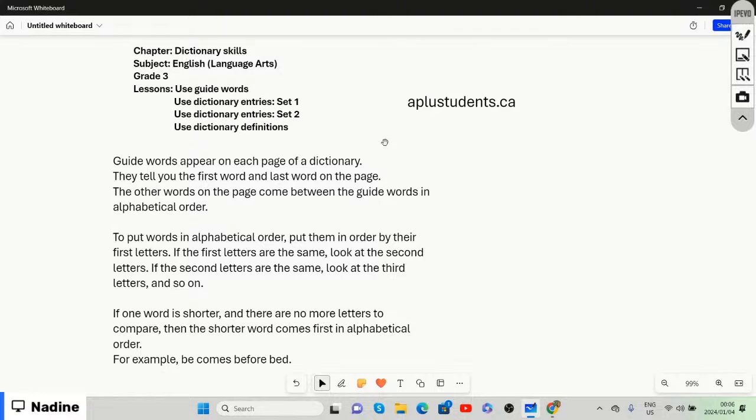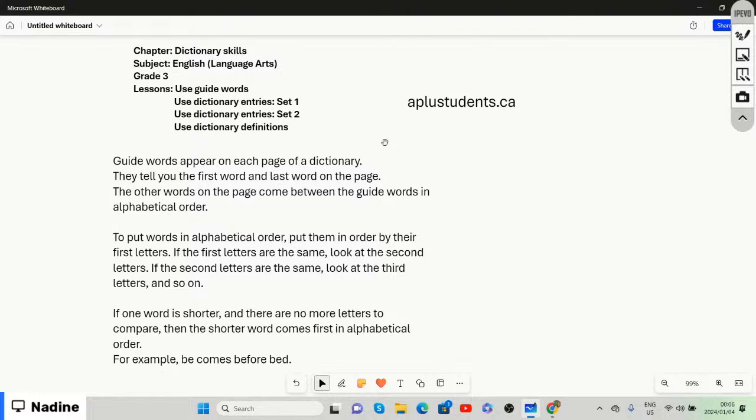So when it comes to dictionary skills, we have guide words, and guide words appear on each page of a dictionary. They tell you the first word as well as the last word on the page. So say, for example, when you look up a specific word, firstly, words are in alphabetical order within a dictionary.